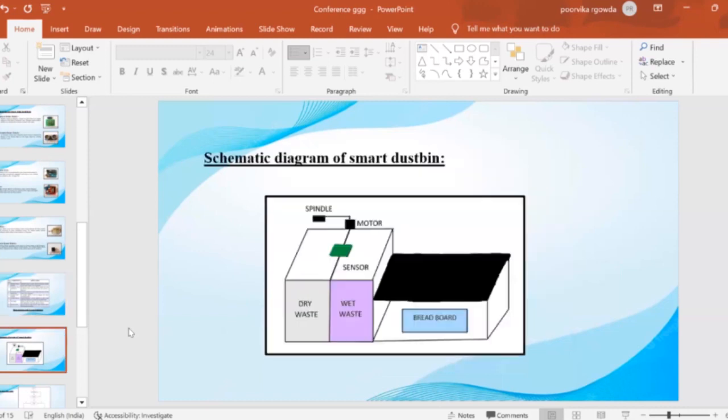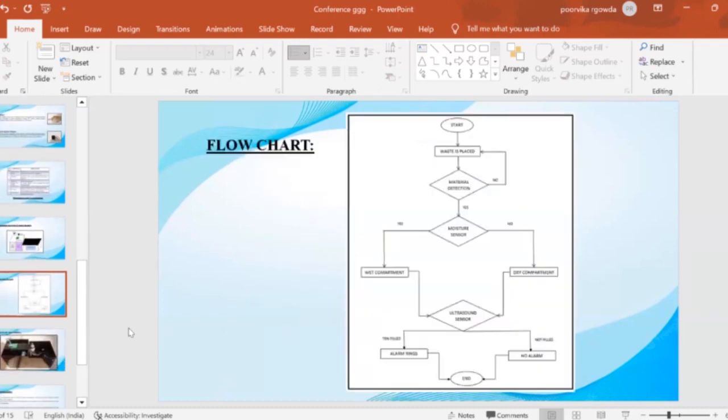This is the schematic representation of the smart dustbin that we have built. And this is the flow chart of our whole project. When the waste is placed on the moisture sensor, the material is detected with the help of the ultrasonic sensor.